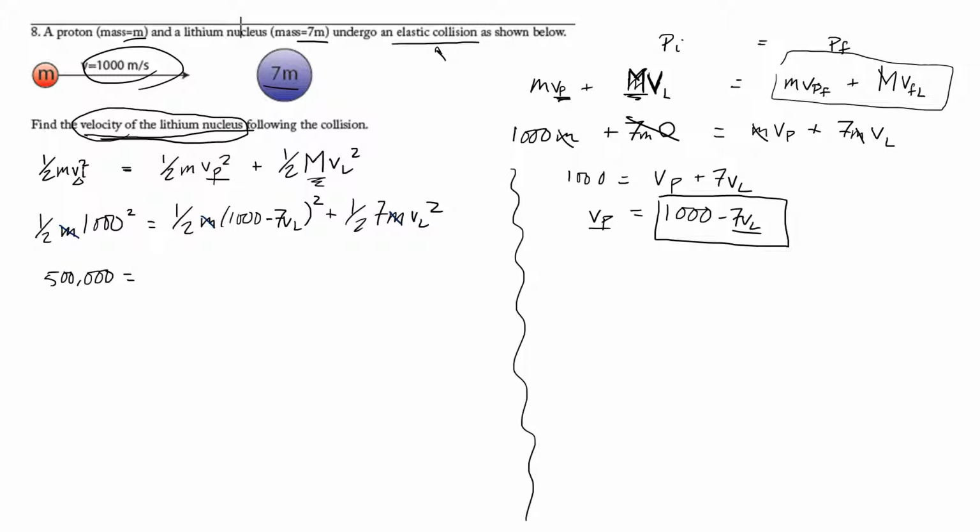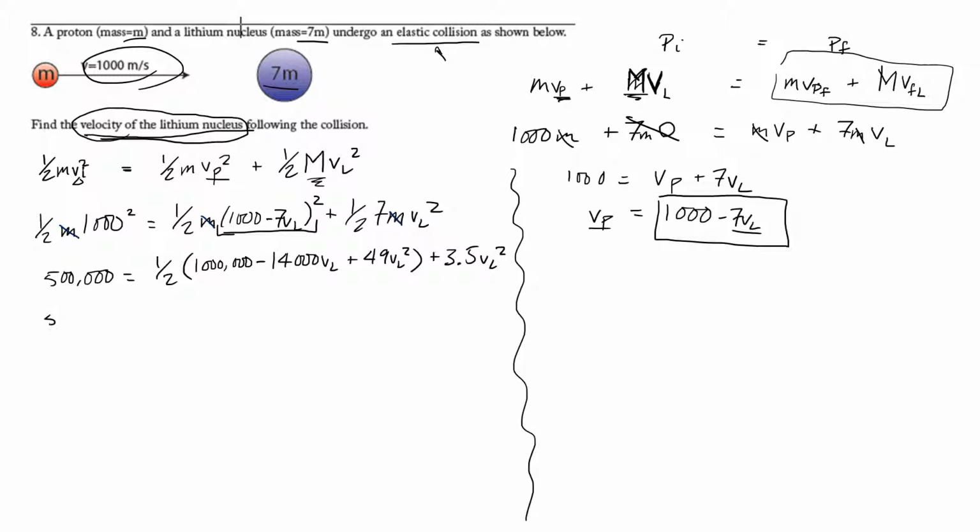This is equal to 1/2, I've got to do FOIL here, so times 1,000,000, and then this is negative 7 VL times 1,000 twice, so minus 14,000 VL plus 49 VL squared. Plus 1/2 times 7 VL squared, so this is 3.5 VL squared. It's so ugly.